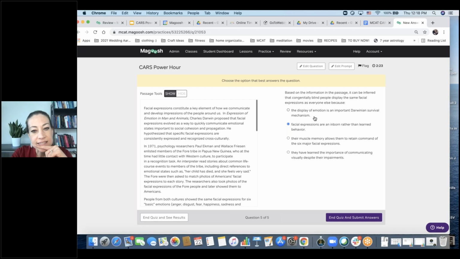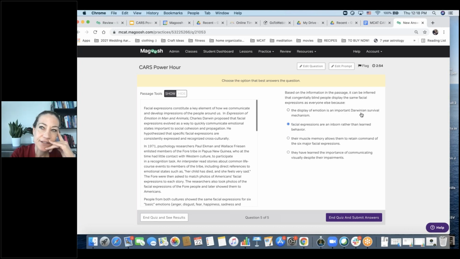I think the best way of explaining why A is not the best answer is that in the beginning, they talk about Darwin. They say that there's maybe some sort of evolutionary advantage to this trait, but saying survival is kind of the problematic word here.